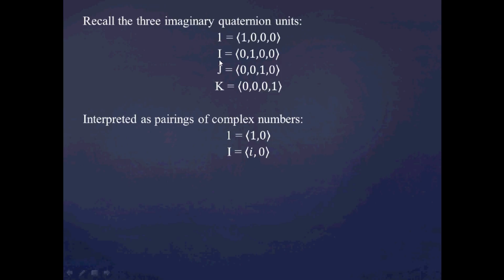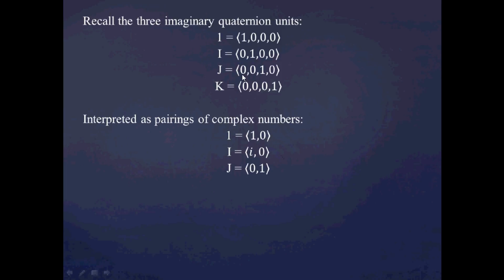Now the first imaginary unit, big I, we read this off. We read off the first pair. This is going to be 0 plus little i, and then 0 plus 0i. So big I, the quaternionic I, is going to be the pairing of the complex number little i with 0. And then we repeat the following procedure for j and k.